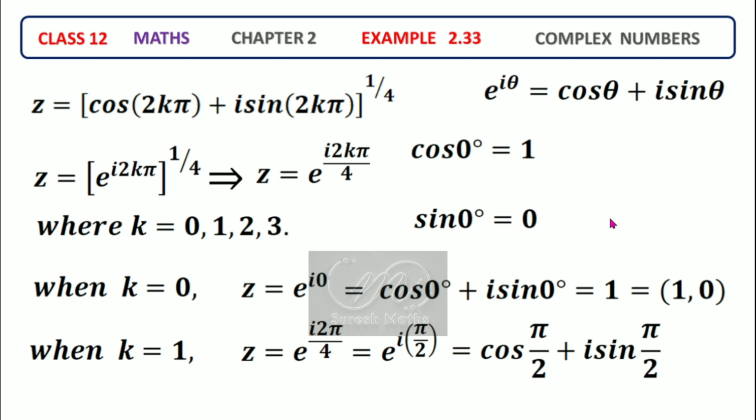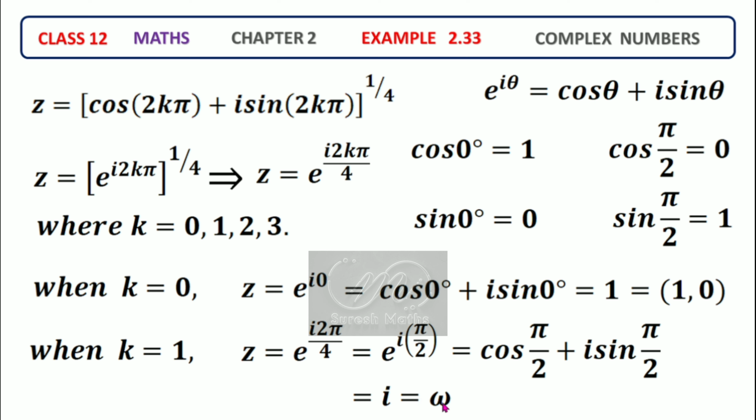Cos pi by 2 is 0, sin pi by 2 is 1, so 0 plus i into 1, that is i. It is denoted as omega. So the first root is 1, the second root is omega. This denotes the point (0, 1).